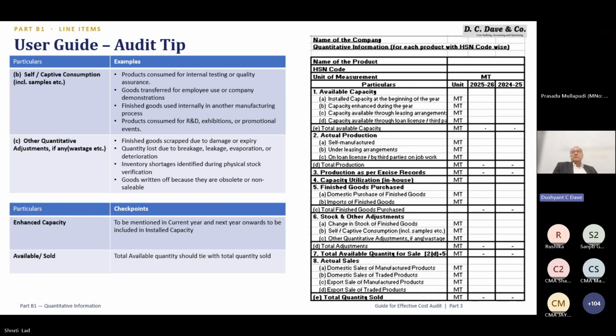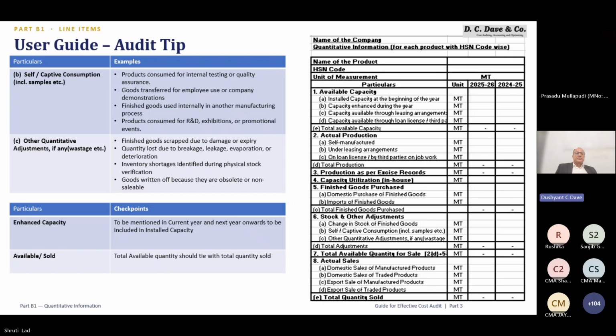In that case, we have to revise the installed capacity at periodical intervals. It's a good idea to do an audit of the installed capacity itself. If the cost auditor is assigned this aspect, he should do it with the assistance of a technical person, and adjust the capacity to the correct capacity so that you don't show underutilization or overutilization.